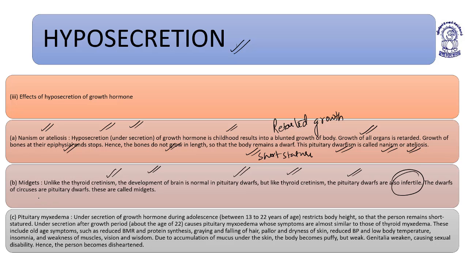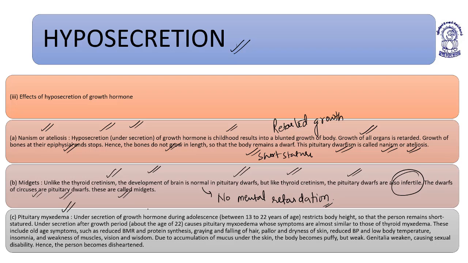The dwarfs of circuses are pituitary dwarfs, and these are called midgets.